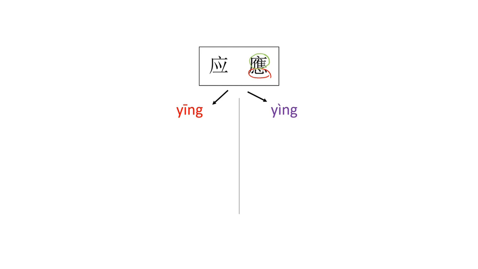In order to do so, we'll take a look at some different words that are created with each pronunciation of the character. For example, ying, so we have yinggai, yingdang, both meaning should or ought to.